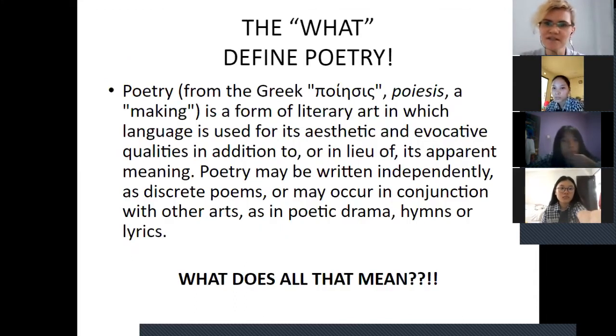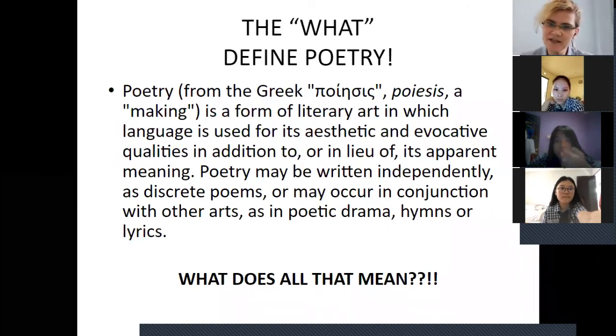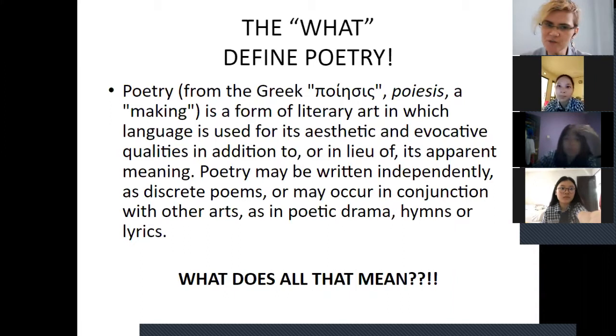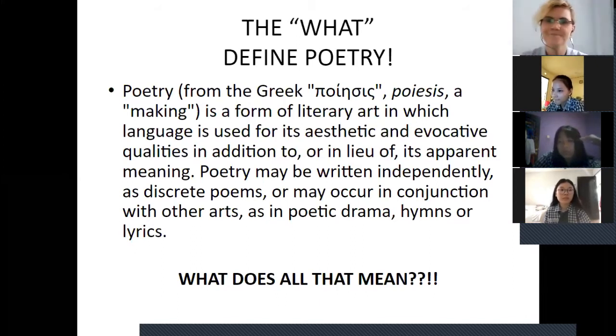So how do we define poetry? Poetry, from the Greek poiesis, means making. It's a form of literary art in which language is used for its aesthetic and evocative qualities in addition to or in lieu of its apparent meaning. So basically you're saying something, but you're meaning something else. There's a lot of wordplay and underlying meaning in poetry, and therefore it's called a work of art.